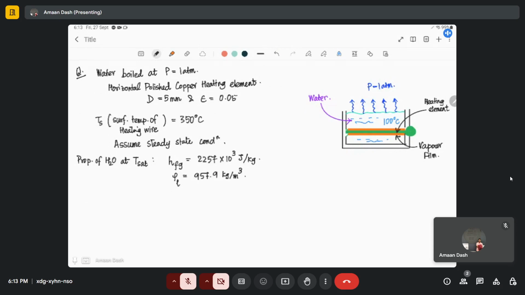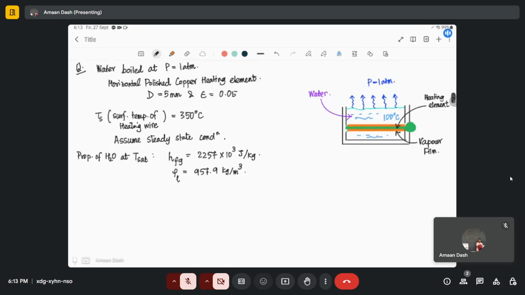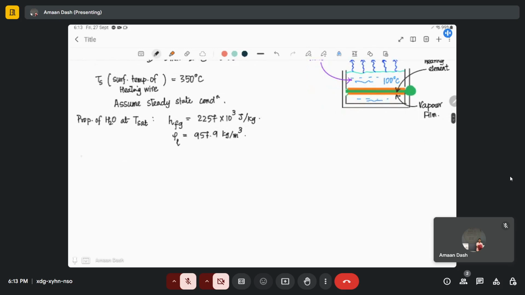And properties of vapor at the film temperature. So this is the property of water, and similarly we have the property of vapor at film temperature, that is Tf, which as you know is nothing but Tsat plus Ts divided by 2.